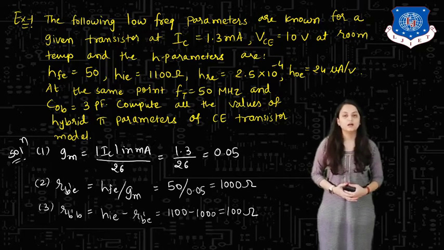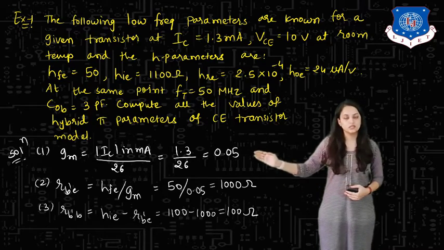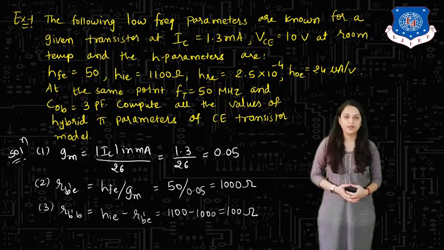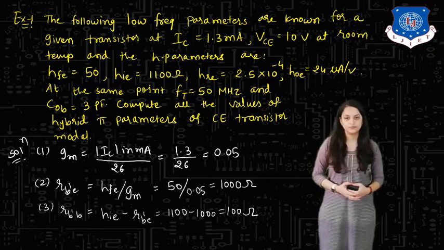Here IC is given as 1.3 milliampere. Placing the values, we get 1.3 divided by 26, so the answer will be 0.05. This is the value of transconductance gm.